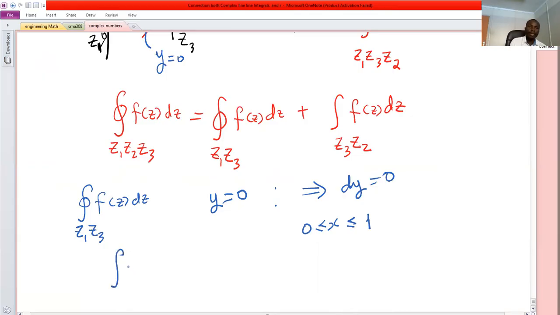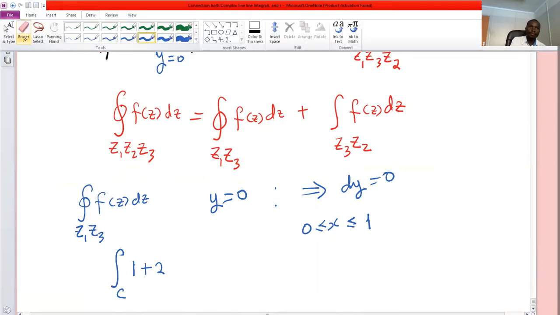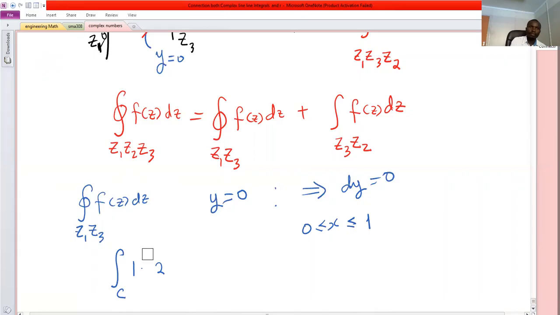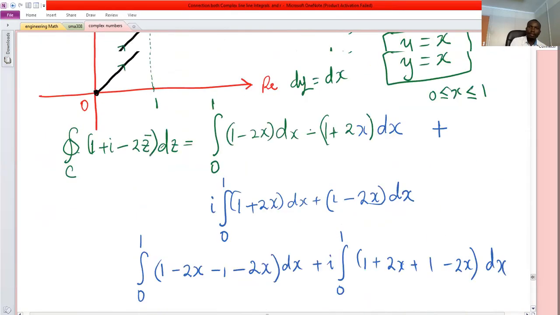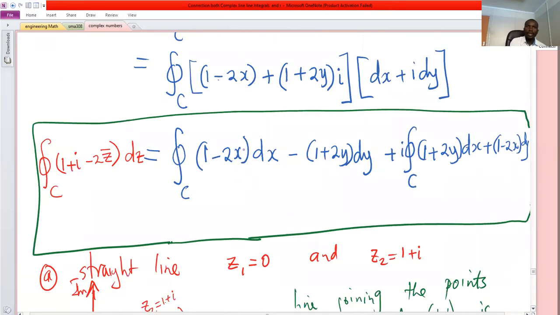Remember we had the integral along C of 1 minus 2x dx minus 1 plus 2y dy. Yeah, so 1 minus 2x dx, minus 1 plus 2y dy.